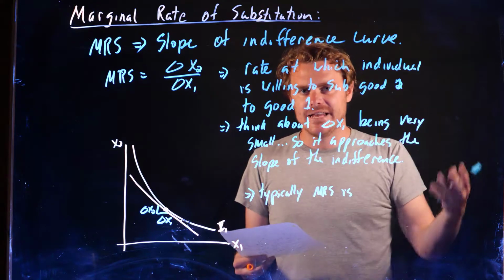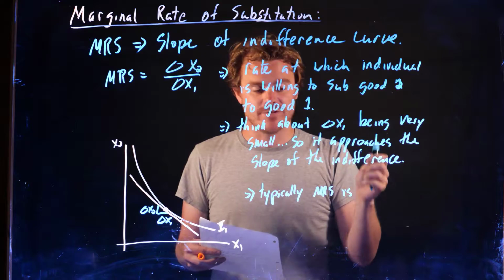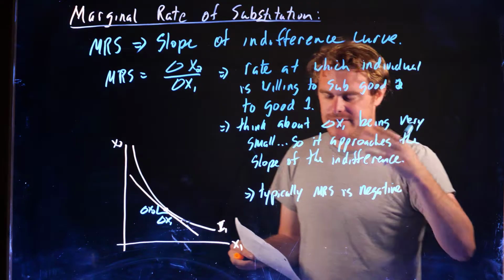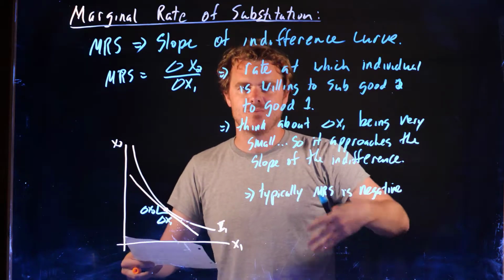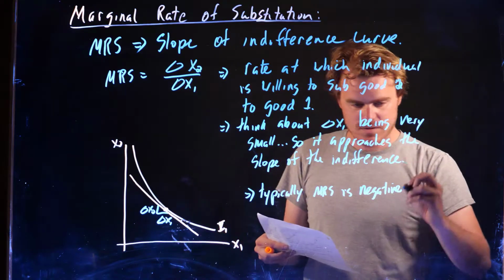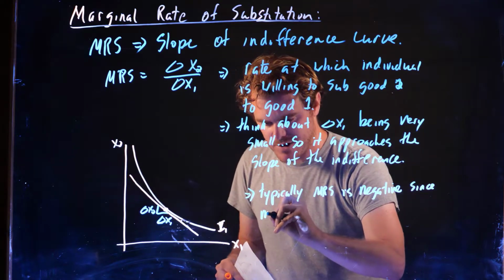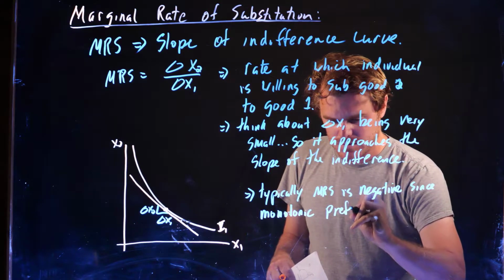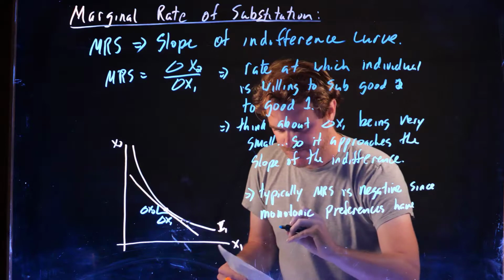But it's a negative number because of the assumptions we made about monotonic preferences. A lot of times you see economists express it as a positive number because the assumption is that we know the slope is negative, since monotonic preferences have a negative slope.